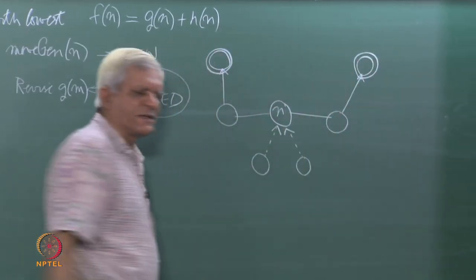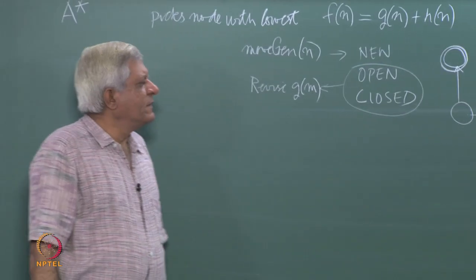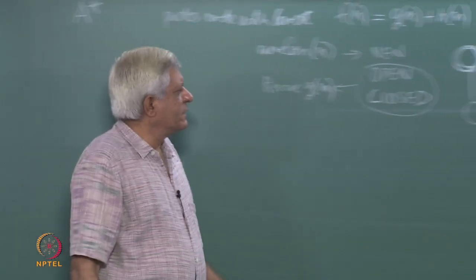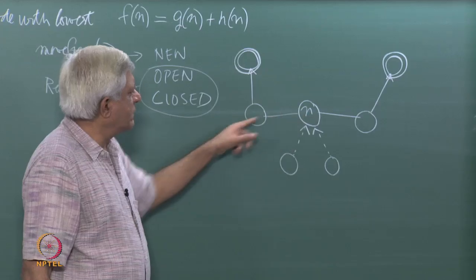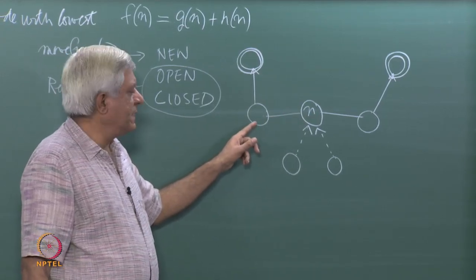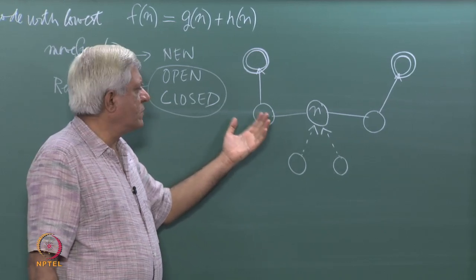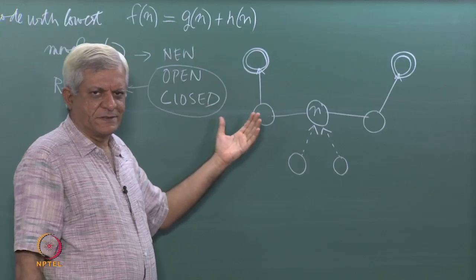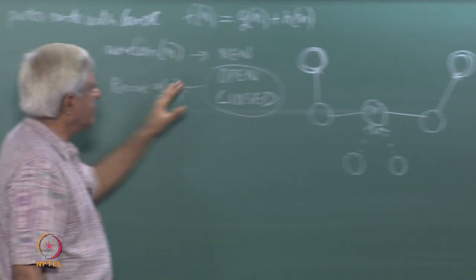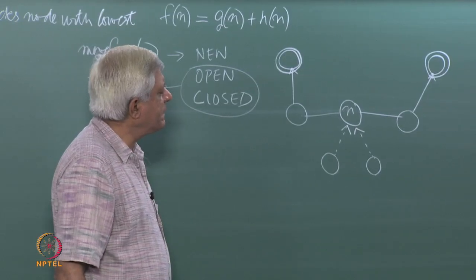Remember that these double circles we will use for closed nodes. So, they already have some parent, but we have found a new path to these nodes on open. It is possible that we might have found a cheaper path, and we want to update it. So, essentially we revise g values of nodes.